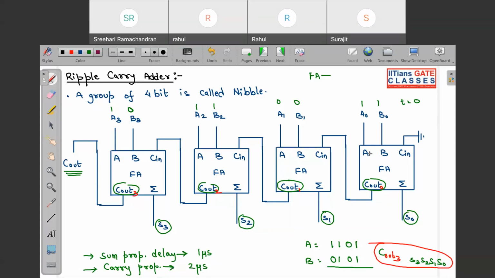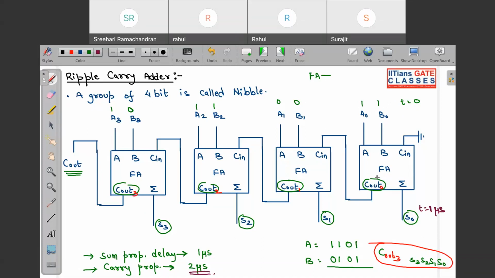So now look. You can see at t equal to 0, all the inputs are applied. And this Cout will be produced after 2 microsecond, whereas this sum will be produced at t equal to 1 microsecond.